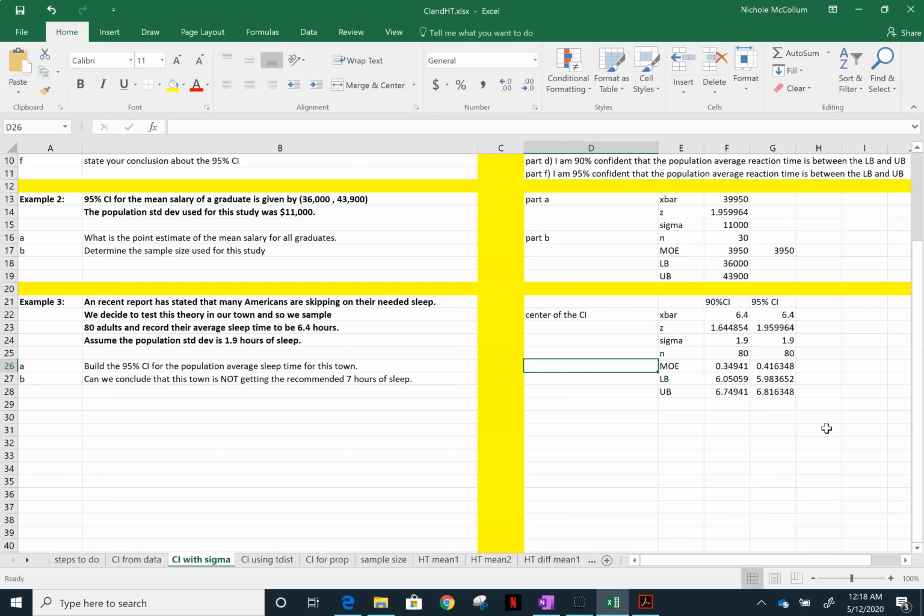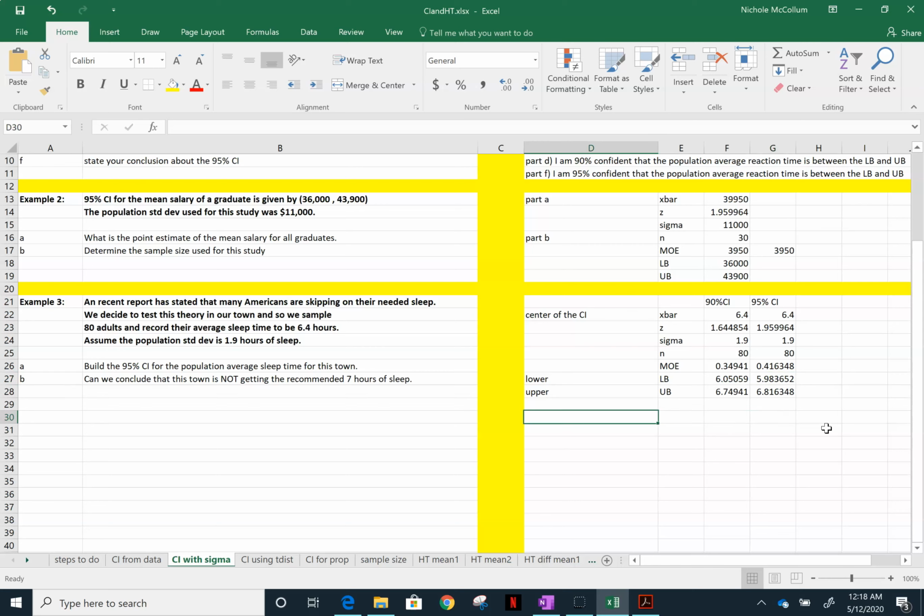Utilizing the center and the error, I'm going to add and subtract to build my confidence interval. So the LB is my lower and my UB is my upper. I believe with 95% confidence that the average sleep time for this town is somewhere between 5.98 hours and 6.82 hours.